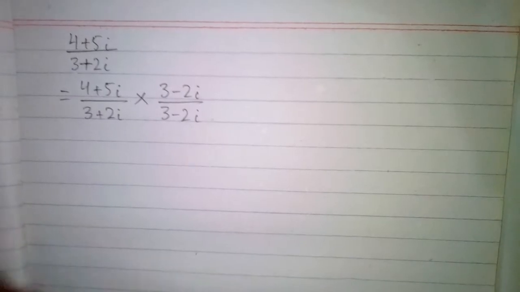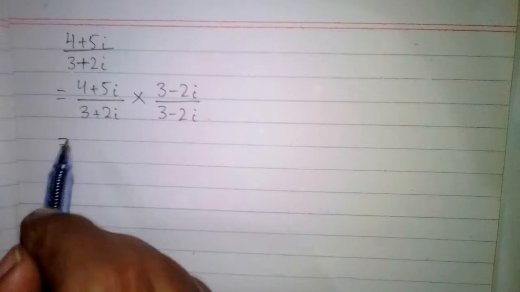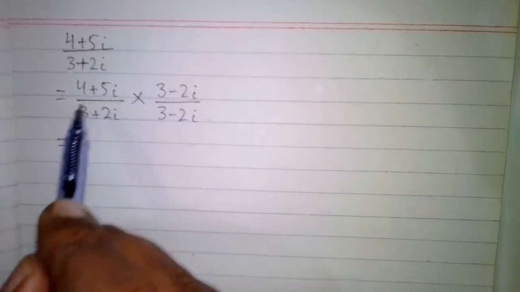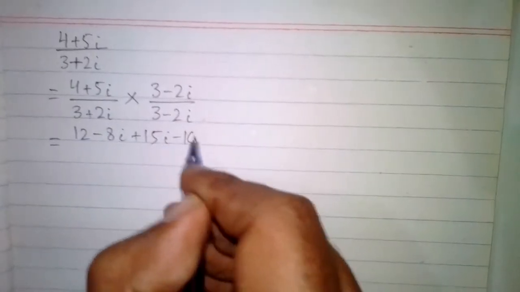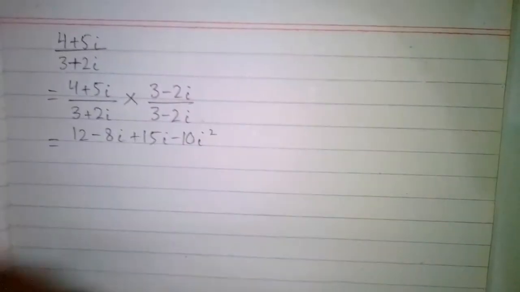Now first of all we will multiply the numerator. So we have 4 times 3 is 12, and then 4 times minus 2 iota is minus 8 iota, then plus 5 iota times 3 is plus 15 iota, and plus 5 iota times minus 2 iota is minus 10 iota square.